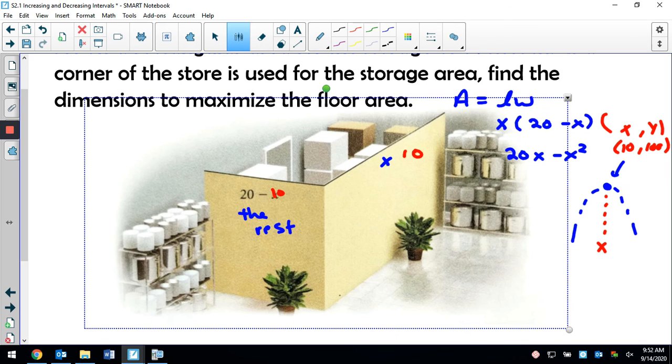Well, 20 minus 10 is also 10. So we have a 10 by 10 square, which does have an area of 100 square units. So what are the dimensions to maximize the floor area? 10 feet by 10 feet.